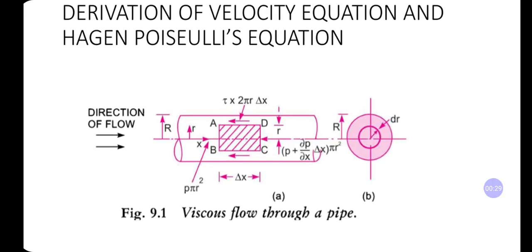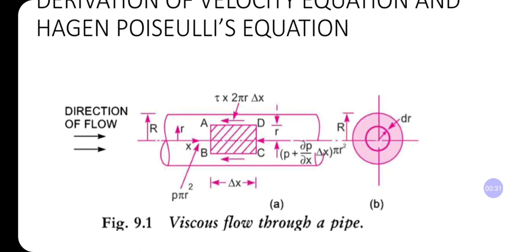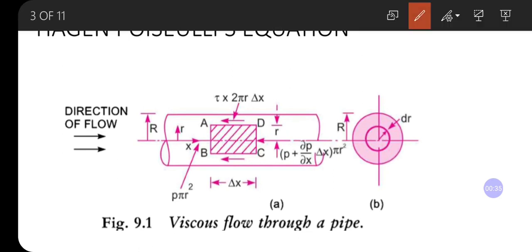In this figure we can see that there is a pipe. This is the direction of the flow which is shown here. A pipe is given and a small section is selected which is A, B, C, D. Now there are three forces acting on this. First force, pressure force acting in this direction. Its intensity is small p and it is acting on the circular element.